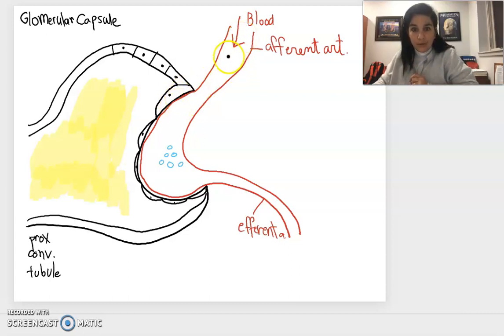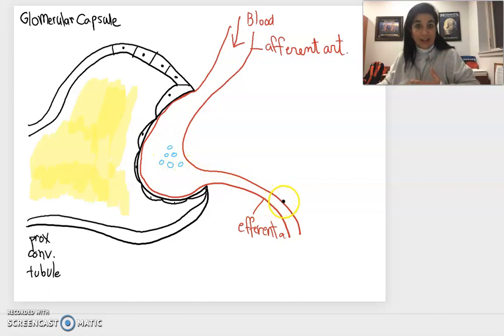So the blood vessel is coming in, and we call this particular portion of the vessel the afferent arteriole. Afferent, A for arriving, and then it's going to coil in that Bowman's capsule, the glomerular capsule, and then it comes out as the efferent arteriole.